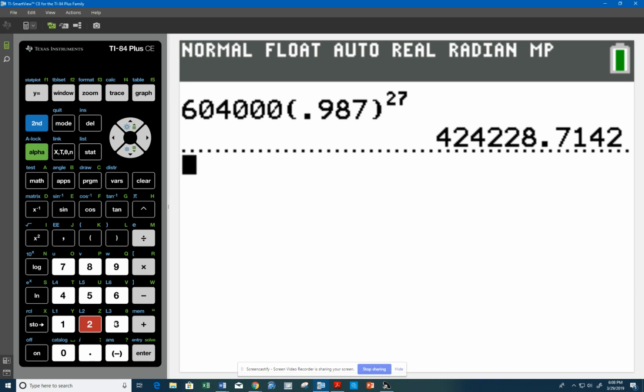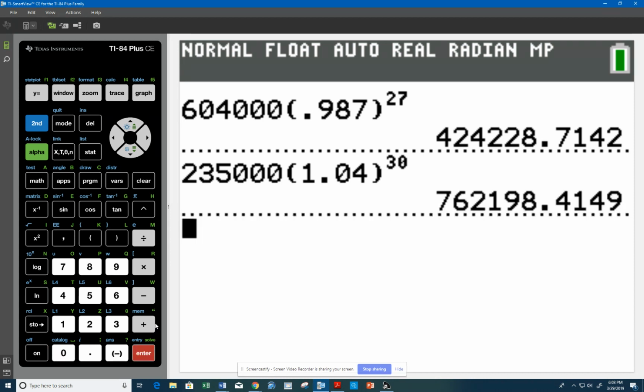So 235,000 times 1.04 to the 30th power. So this city in 30 years is predicted to have 762,198.4149 people.